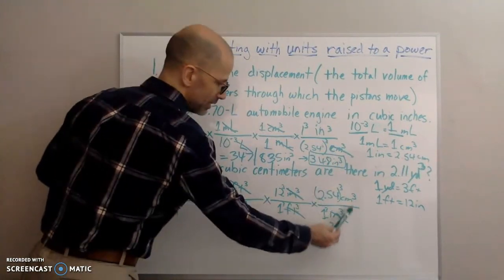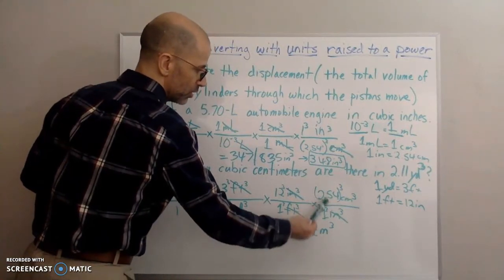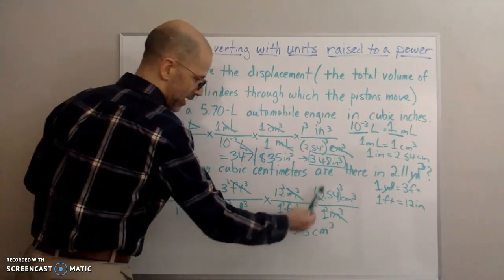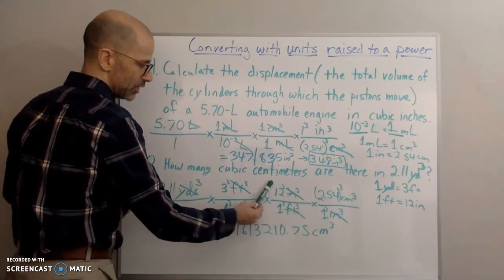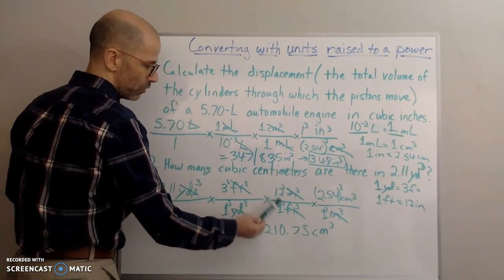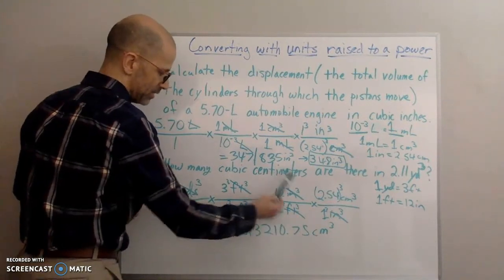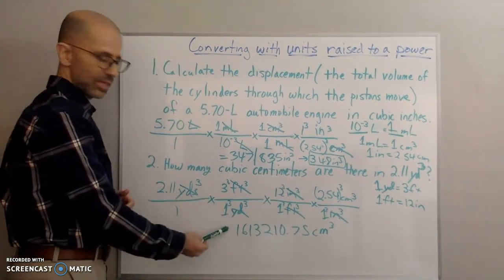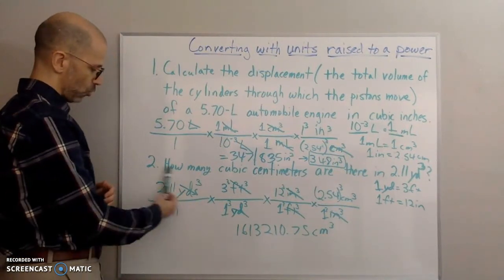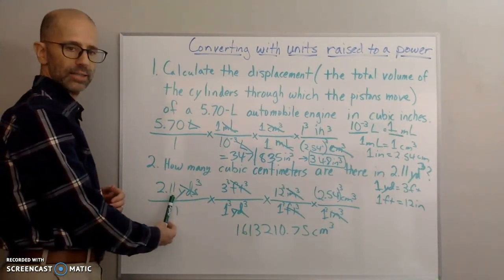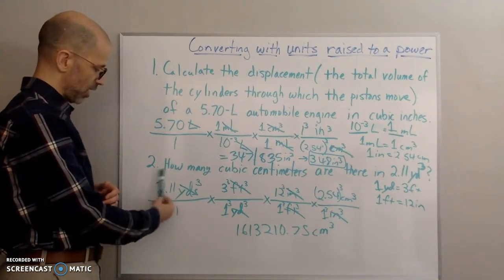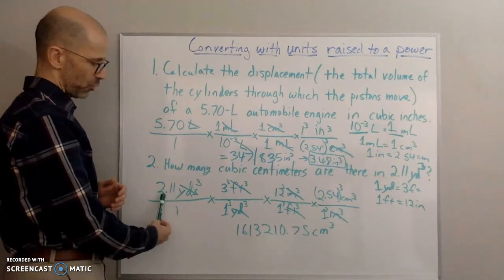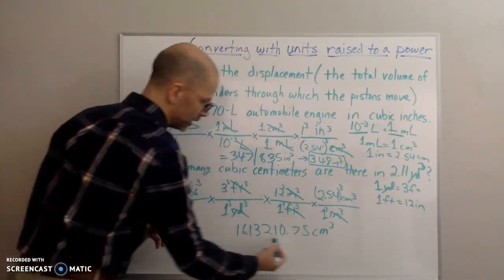So again, we said 1 inch to 2.54 centimeters is exact. 1 foot to 12 inches, English to English length, that's exact. Feet to yards, English to English, that's going to be exact. So once again, the only thing we need to worry about is the sig figs in our original, which is 2.11. So that's 3. So we're only allowed 3 sig figs here.